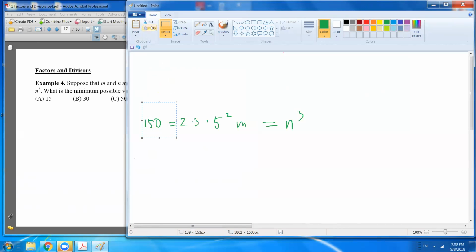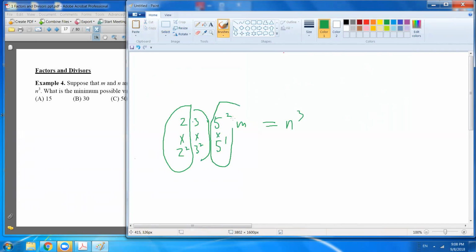Now this is a cube. So we need a 5 power 1, right? Every time that will get a cube. And this one we do 3 power 2 will get a cube, right? This one we do 2 power 2 will get a cube, right? Cube, cube, cube. So this will be m.